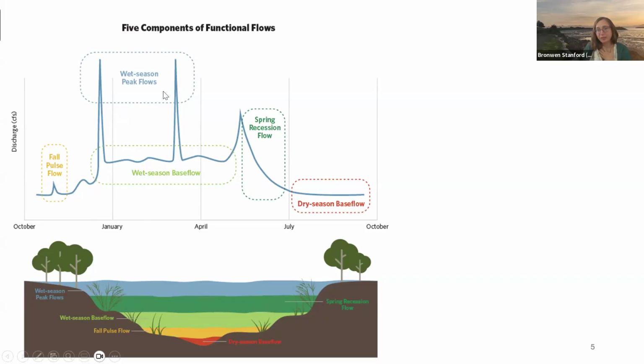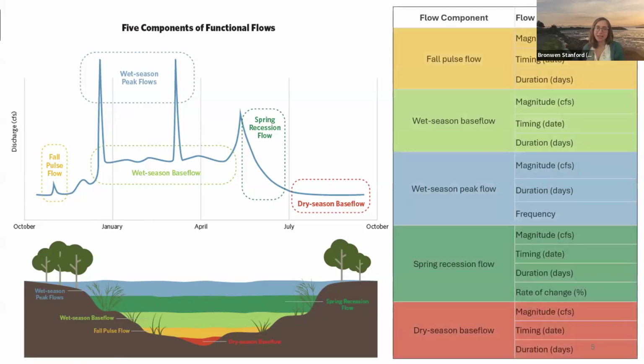That'll be more of your channel forming flows. And then a gradual spring recession flow down to a lower dry season base flow. And again, the exact pattern is going to look different in different rivers, but these general components tend to be really consistent. And as part of CEFF, we also quantified each of these 5 components.